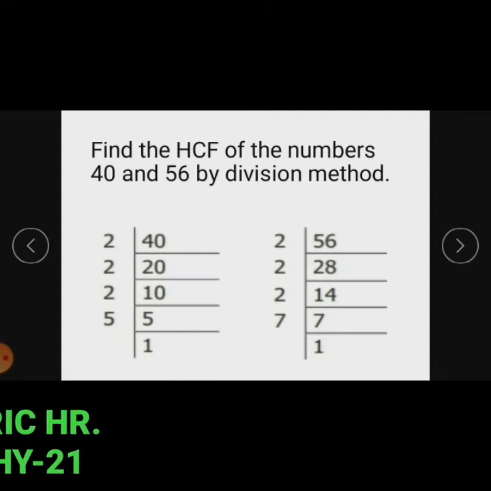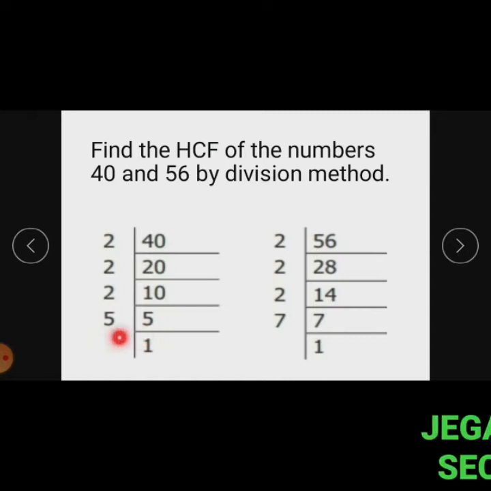Let us find the highest common factor of the numbers 40 and 56 by the division method. 40 is divided by 2, we get 20, divided by 2, we get 10, divided by 2, we get 5. 5 is divided by 5, we get 1.